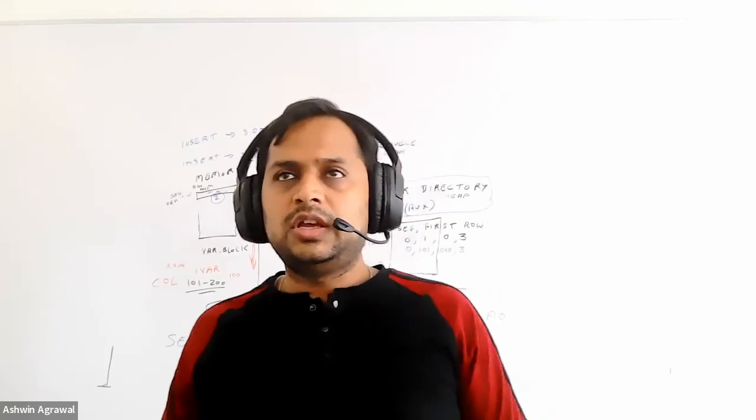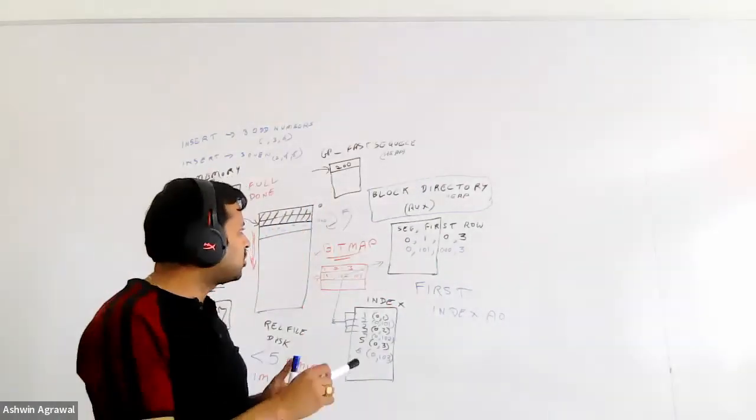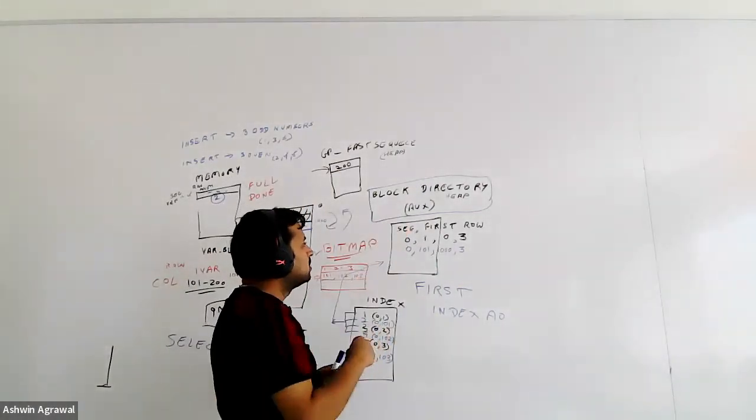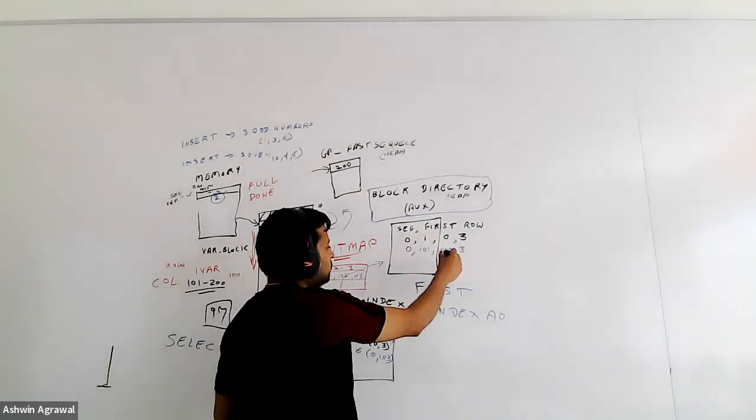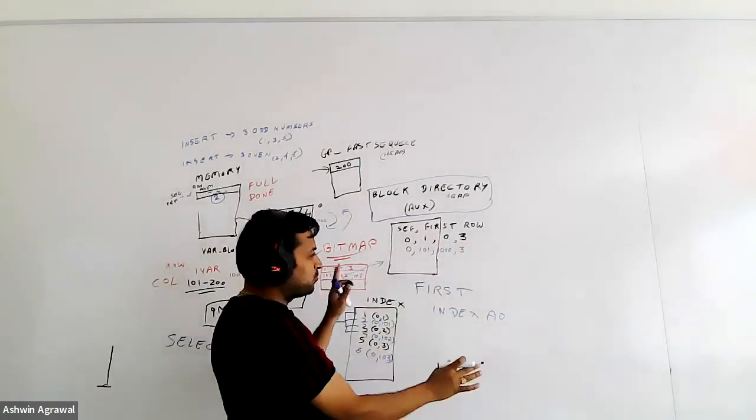Okay. Thank you. I have a simple question. Where are the block directory and the bitmap stored? Are they in memory or on disk? The block directory is a heap table, so it is on disk. I didn't explain the exact format.